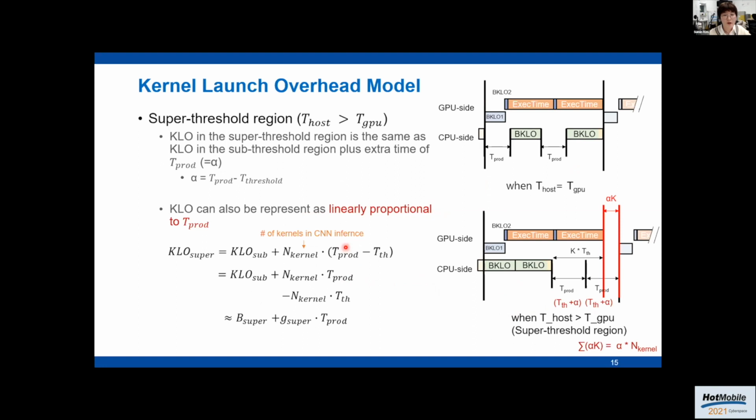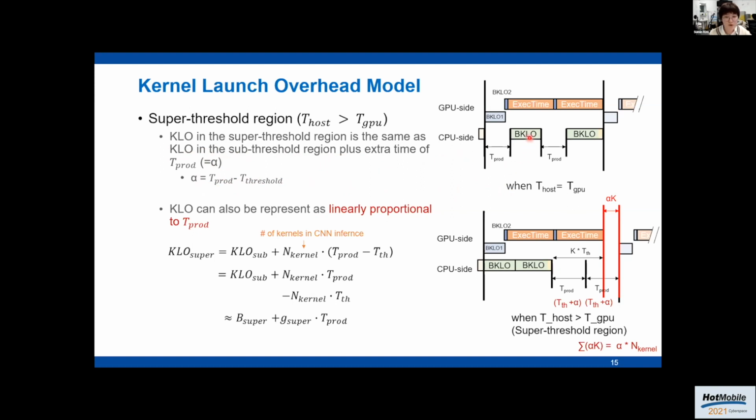On the contrary, when thost is larger than tGPU, we call it the super-threshold region. The clock in this region is the same as the clock in the sub-threshold region plus some extra time, which we denote by alpha. When t-threshold is defined as tprod when thost equals tGPU, alpha is equal to tprod minus t-threshold.